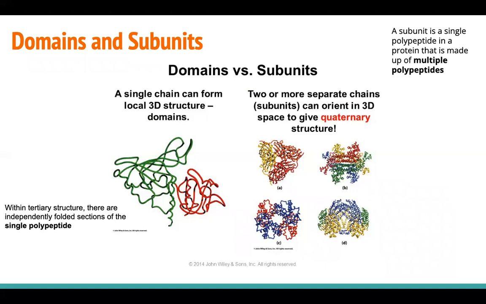Okay, so for domains versus subunits, a lot of people get this confused quite easily. A domain is an independently folded section in a single subunit. There can be multiple domains in a subunit.